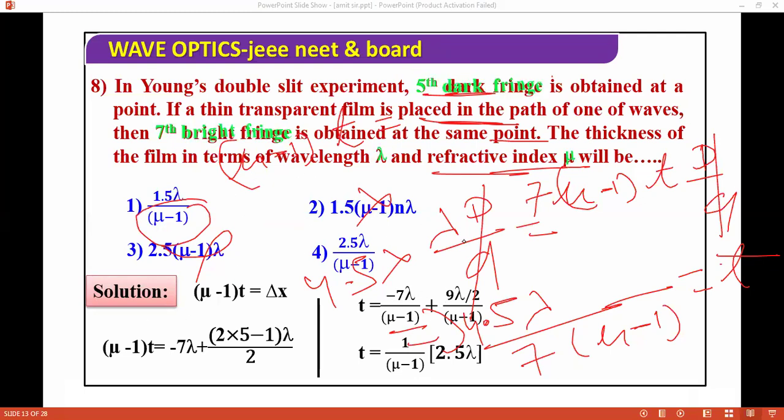So from here, if you see, mu minus 1 into t, so mu minus 1 into t is this. So here direction is not mentioned, that's why we are getting a different answer. So if we are not getting the answer, we can switch the conditions.